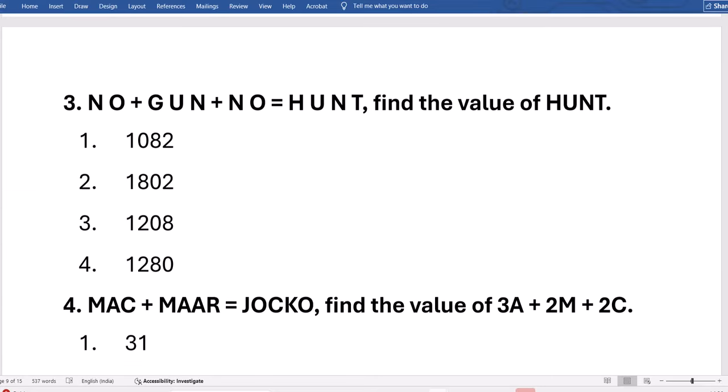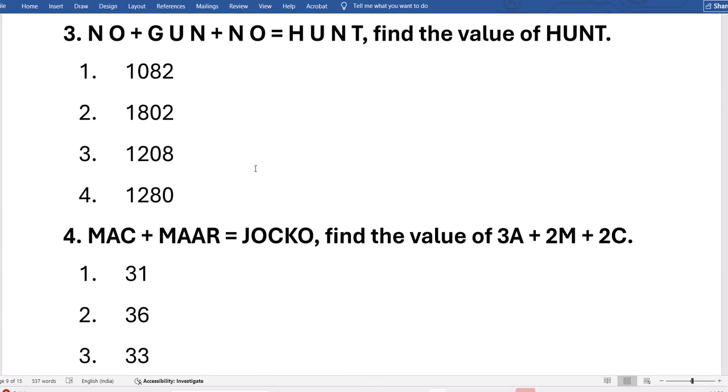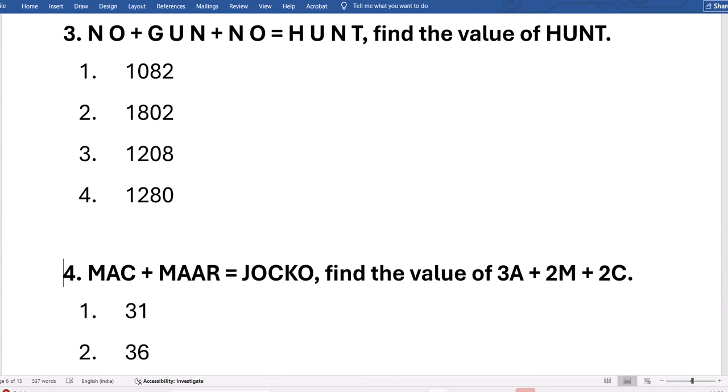Now let's see about this one better. Find the value of HUNT. This is very easy for you now. NO plus GUN plus NO equal to HUNT. Or you can write NO plus GUN equal to HUNT.